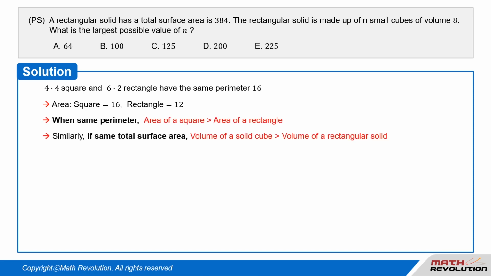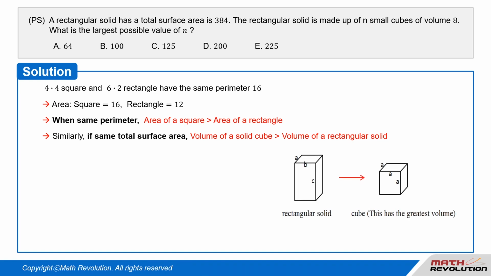This means that when they have the same perimeter, the area of a square will always be bigger than the area of any rectangle shown as above figures. Similarly, if they have the same total surface area, the volume of a solid cube will always be greater than the volume of a rectangular solid. The same logic applies here as well. It should be a cube.